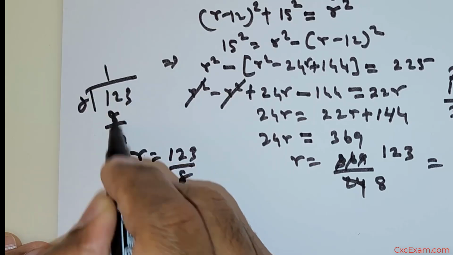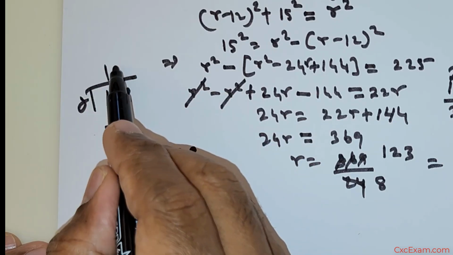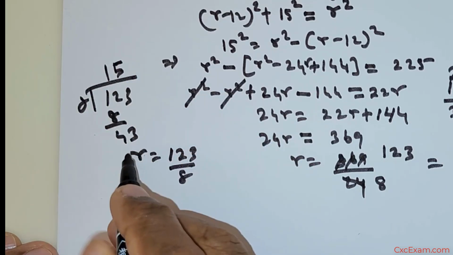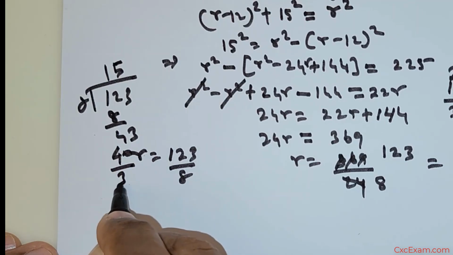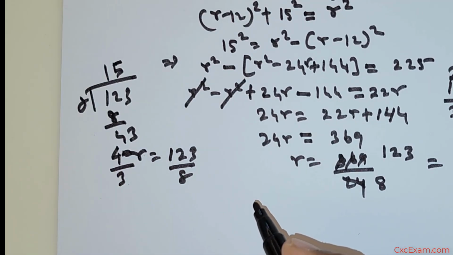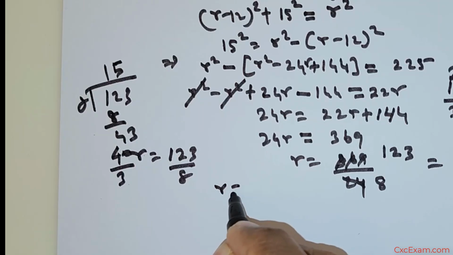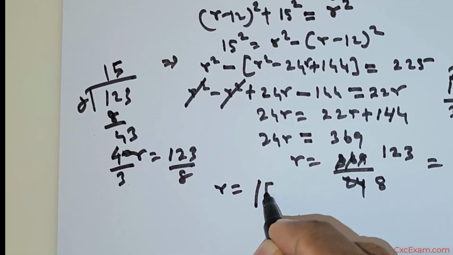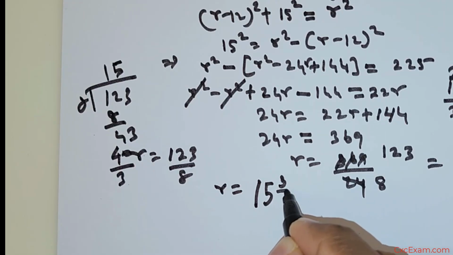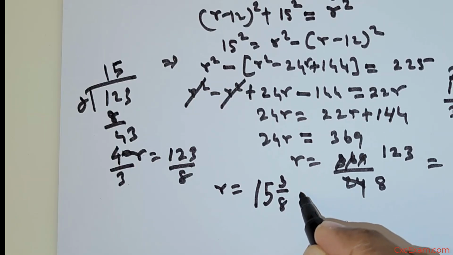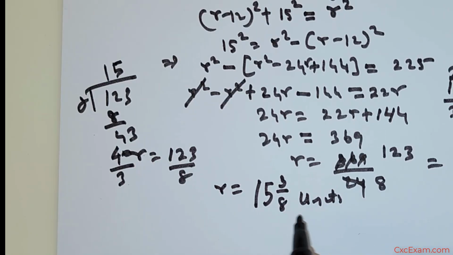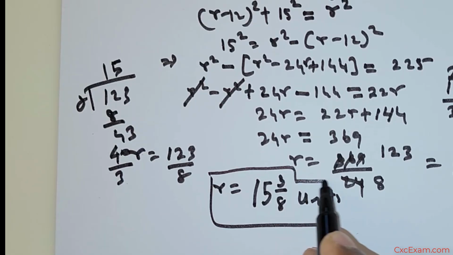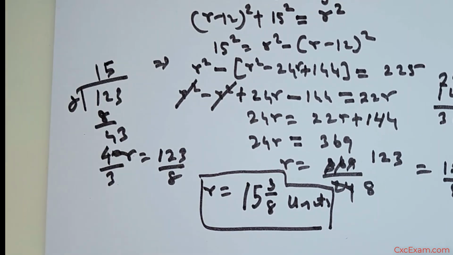You carry, bring the 4 down, you have 3. 8 5s are 40 and you have 3 remainder. Okay. So R is equal to 15 3/8 units. So that is the solution for this particular question.